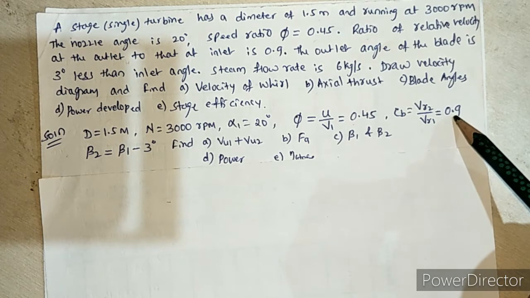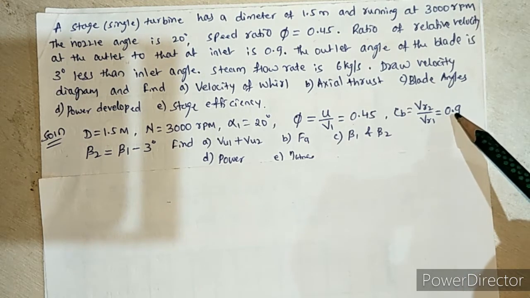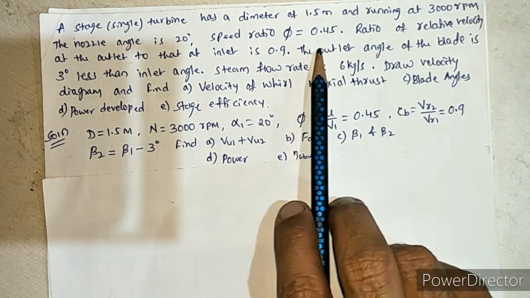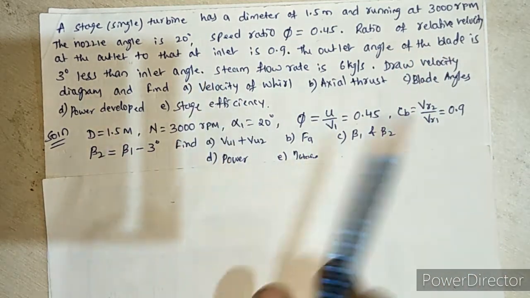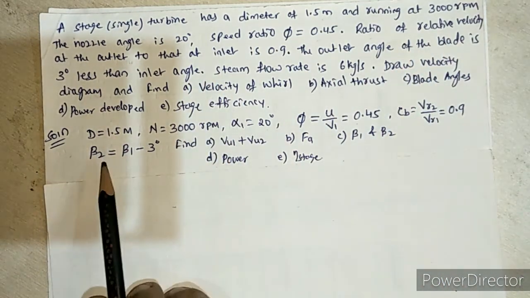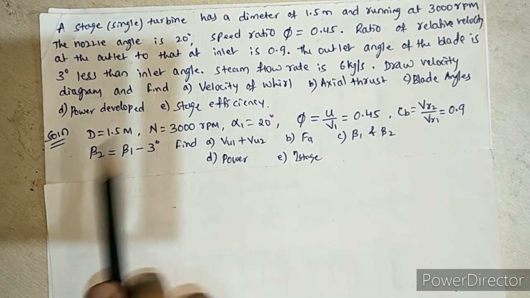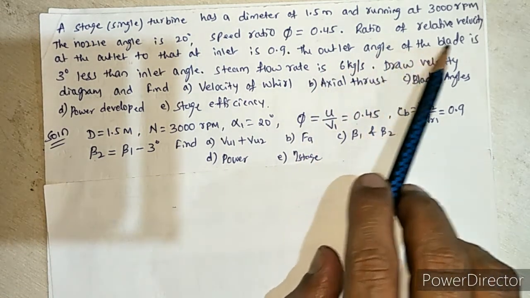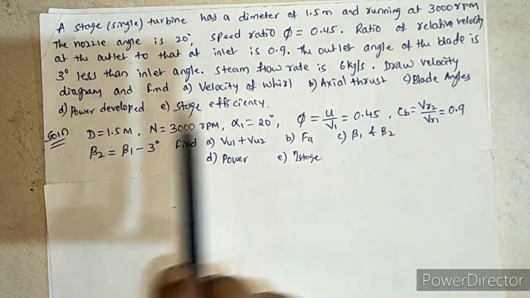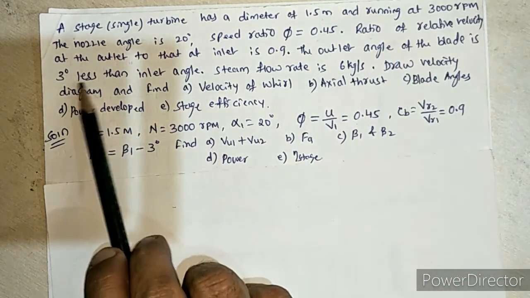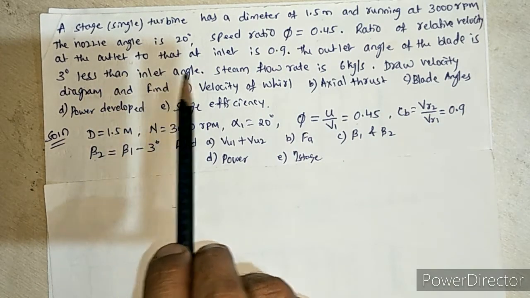So there is friction occurring in which 10% is lost, we can say. The outlet angle of the blade is 3 degree less than inlet angle. So here one more condition is given. The outlet angle is beta 2, so beta 2 is 3 degree less than inlet angle.